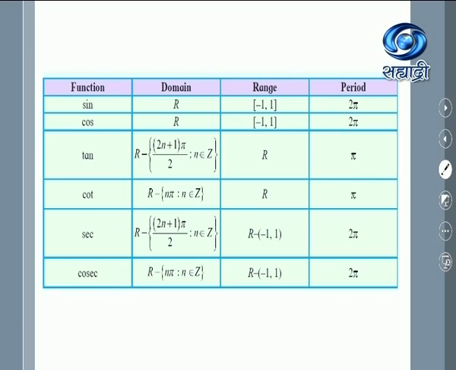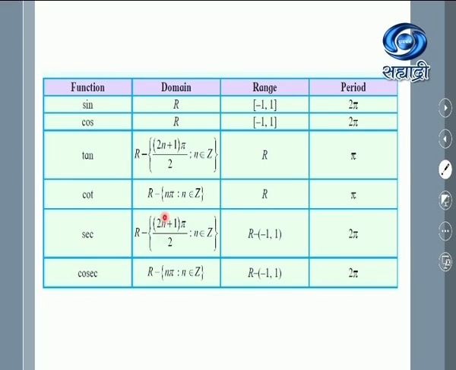Now let us move to second function. Now second function means sec theta, for example, if you consider, or sec x, any variable you can use. What is the domain? This is again like the tangent function, R minus the set of the numbers of the type (2n plus 1) into pi by 2, n belongs to Z, n is the integer.